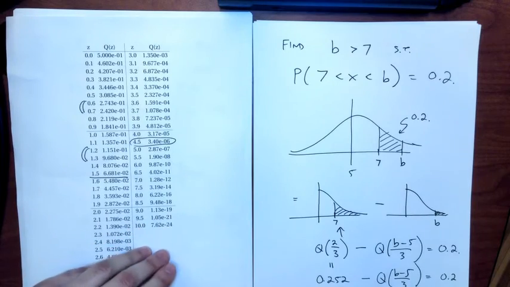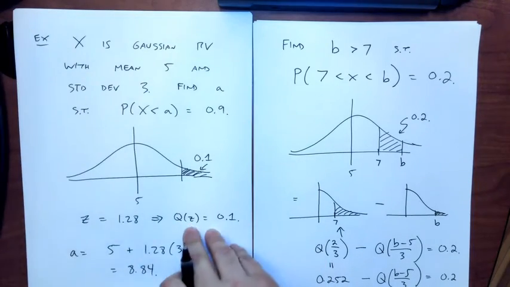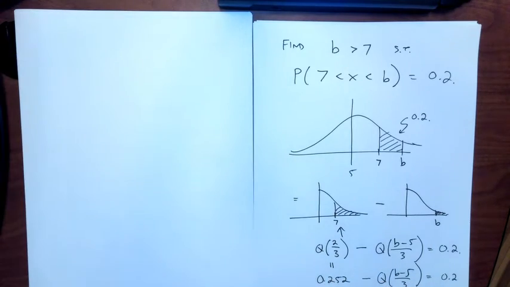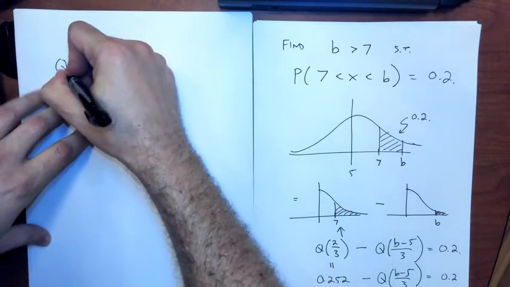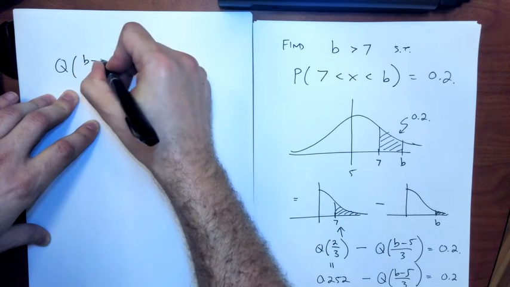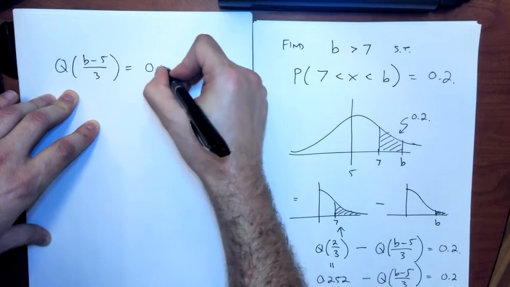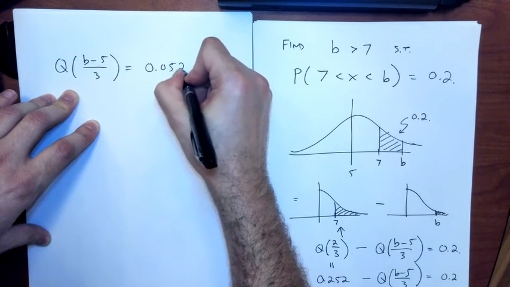So now I can go back and say, okay, that means I'm looking for b so that Q of (b minus 5) over 3 is equal to the leftover part, 0.052.